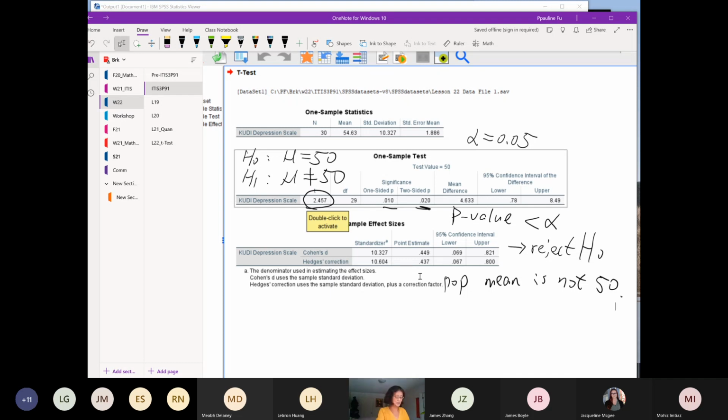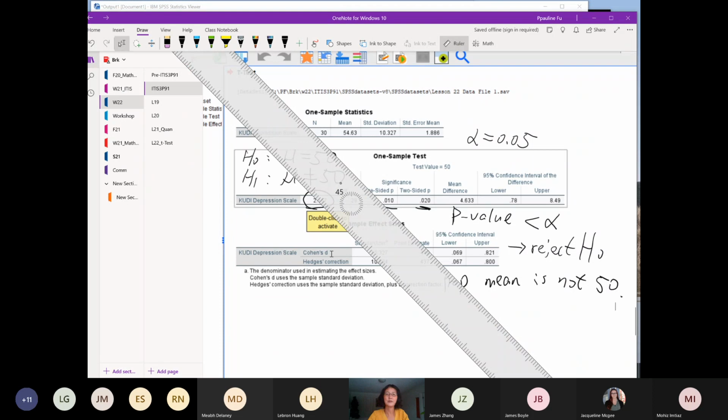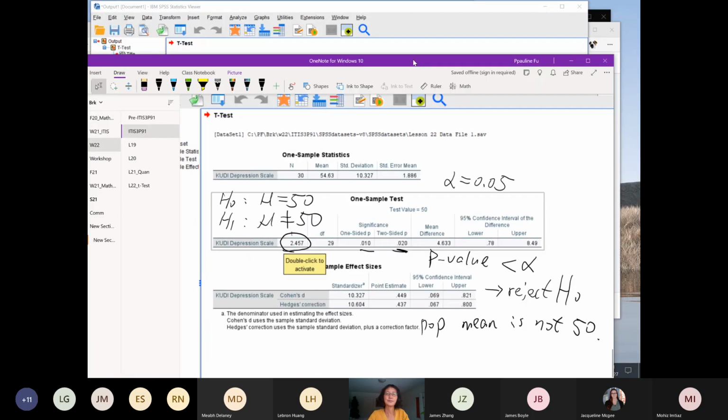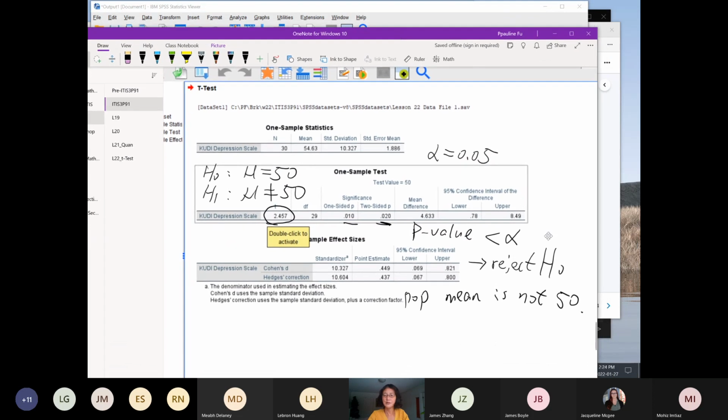Remember, first week we reviewed the critical value. So for this question, how do I find the critical value? I'm going to show you in Excel. Oops, why do I have that? Try to open my Excel.